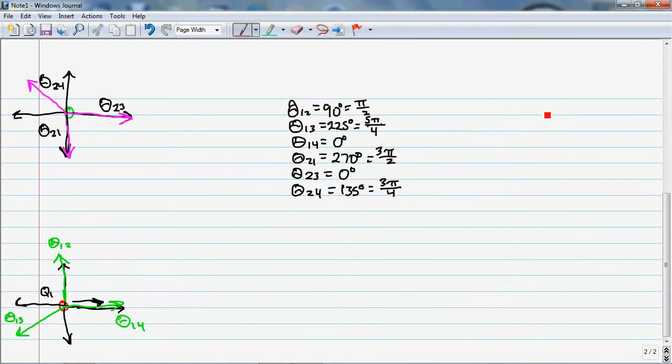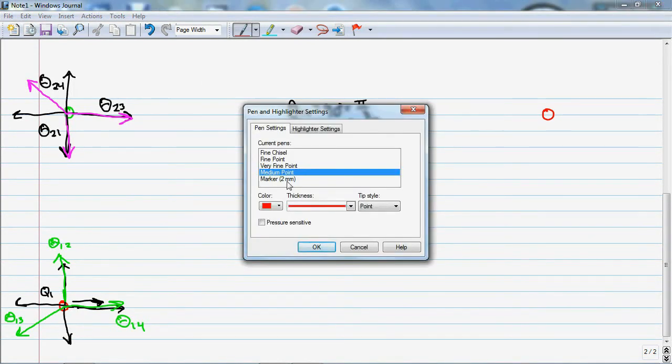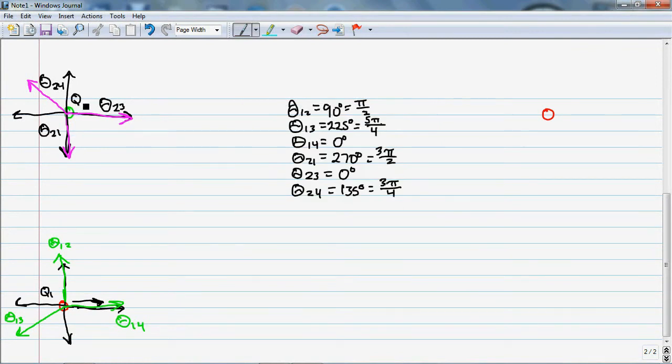I'm going to have charge 3. Don't want to forget this is charge 2. This is charge 3. And I'm going to have my x-axis and y-axis. And I just realized that this is going to be in the way.